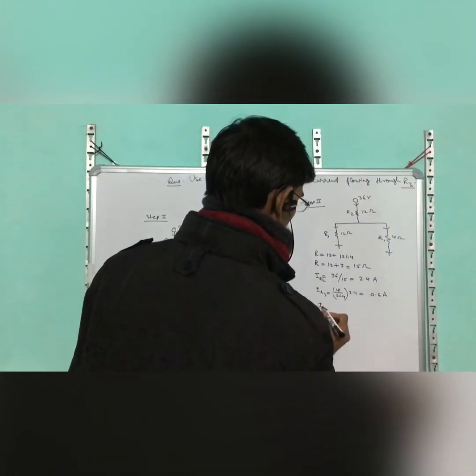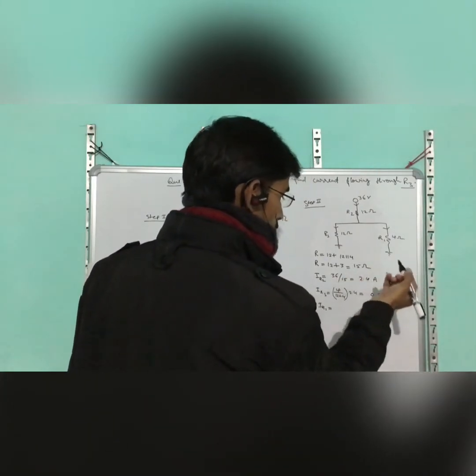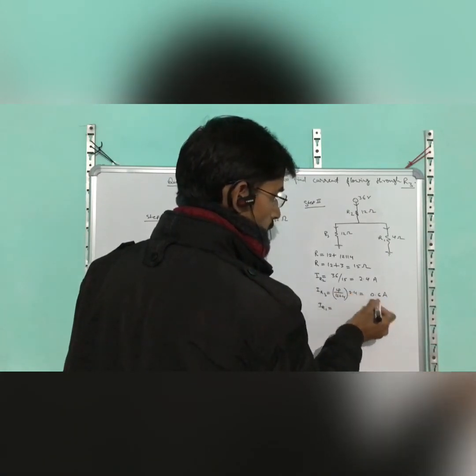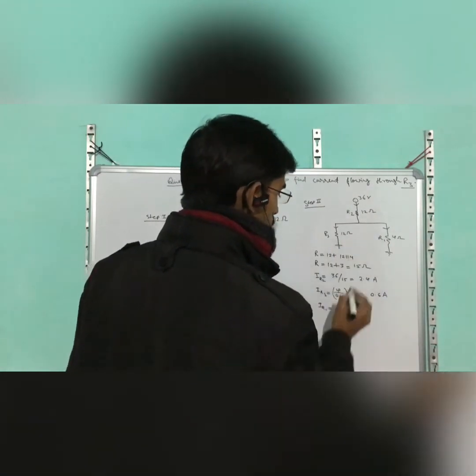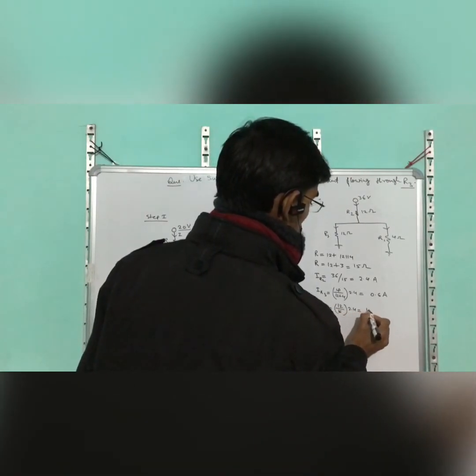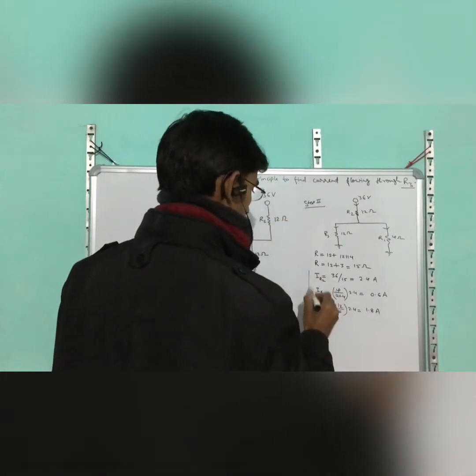And IR1 you can do either way. One way is to directly subtract from the total current, 1.8, or 12 by 16 into 2.4 will be 1.8 ampere. So this is again one set.